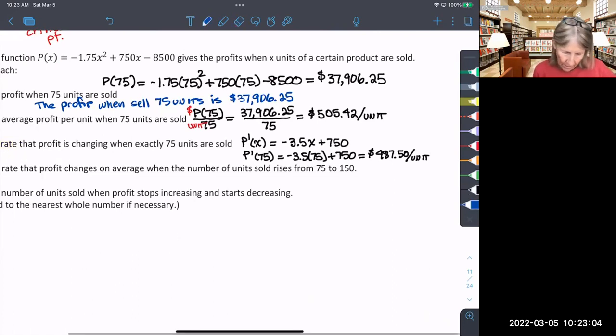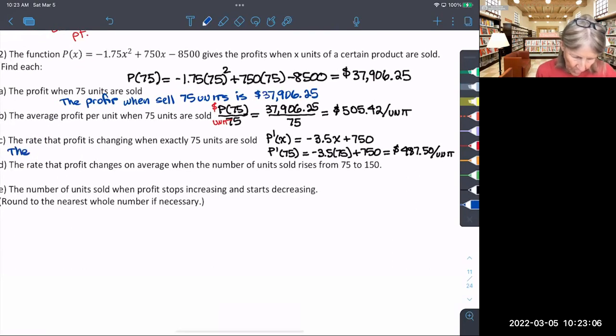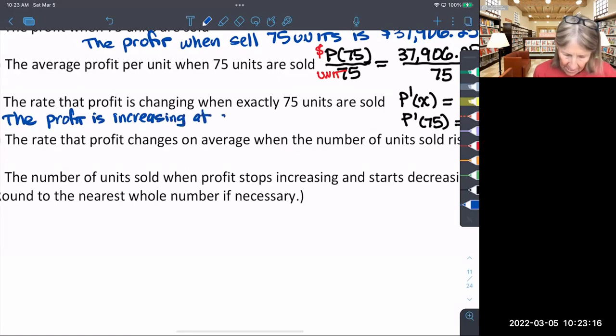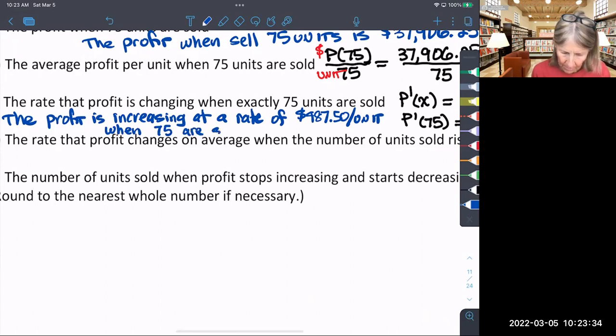So let's do this. I'm going to say the profit is increasing at a rate, right? This is a rate of, and then give my dollars, $487.50 per unit when 75 are sold.